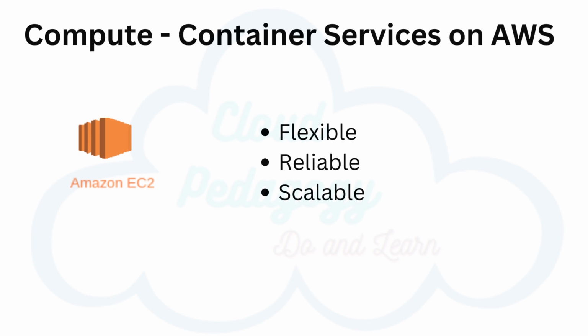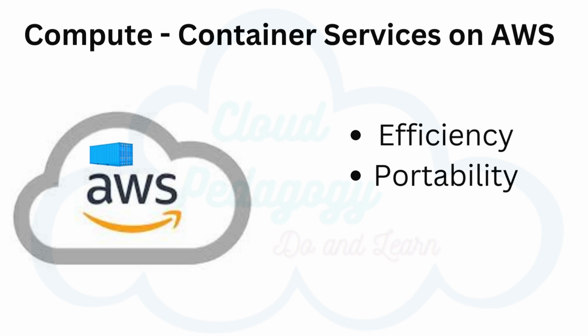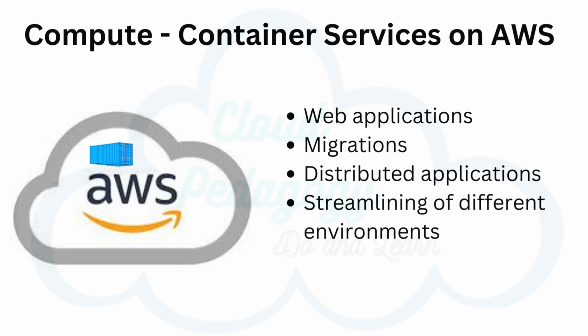For example, let's say you are looking for a way to run containers at scale on AWS. Containers provide you with efficiency and portability. Containers can host a variety of different workloads, including web applications, lift and shift migrations, distributed applications, and streamlining of development, test, and production environments.